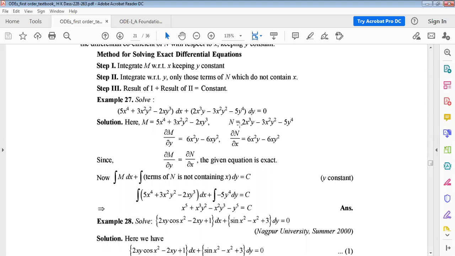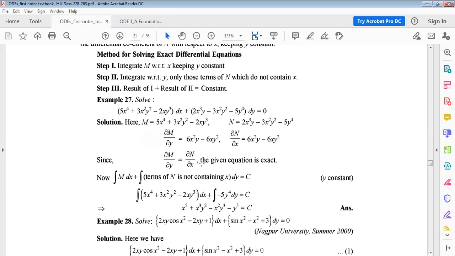Now taking the partial derivative of N with respect to x, we get 6x^2y, and this will be 6xy^2, and the last term is constant, because in partial differentiation with respect to x, y is treated as constant. Remember it. So we got del M del y equals del N del x.